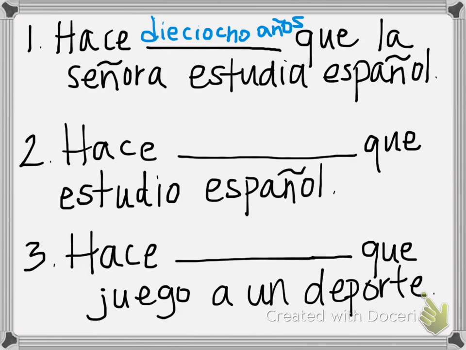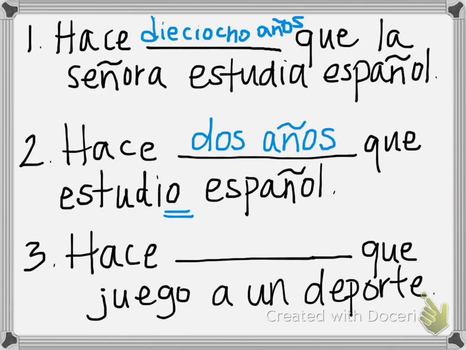Take a look at número 2: hace blank que estudio español. So here we're talking about yourself. Think about how long you've been studying Spanish, and plug that in. Por ejemplo, if you've only been studying Spanish for, let's say, 2 years, you would say hace 2 años que estudio español. Okay, hace blank que juego a un deporte.